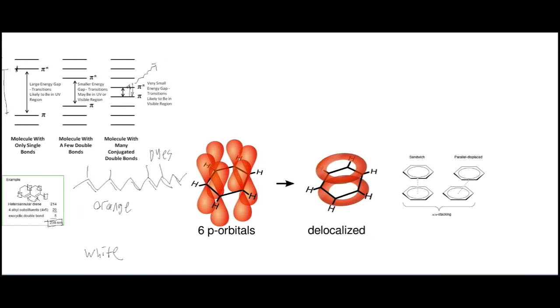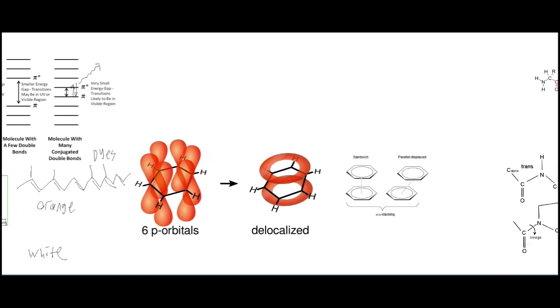So another interesting thing that we see with these aromatic rings is, because the double bonds are made from these pi orbitals, these p orbitals, which we can see are delocalized like this, we can have what's called pi stacking. The p orbitals on these will overlap with the p orbitals on another aromatic ring like this.